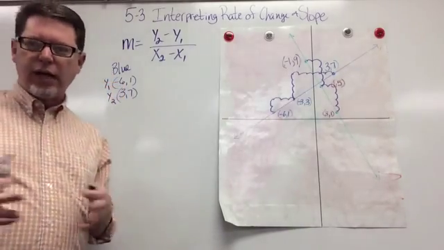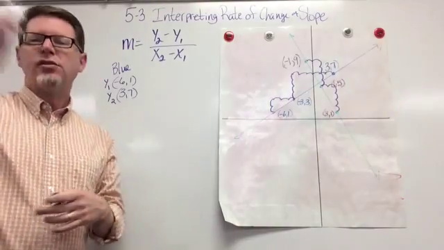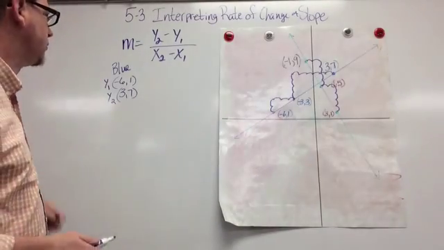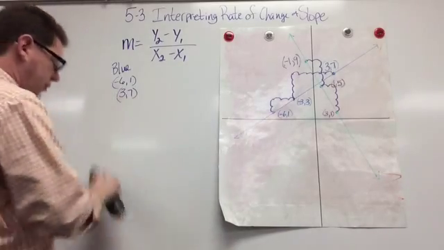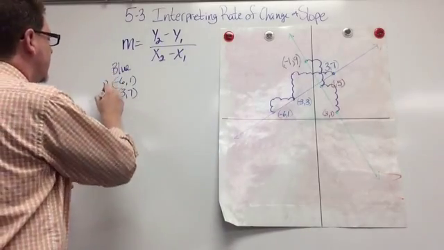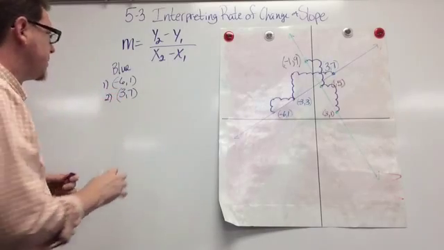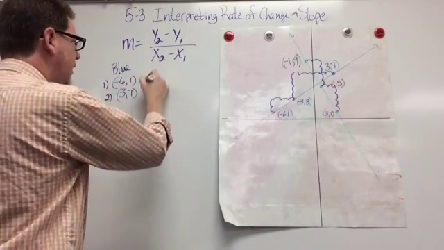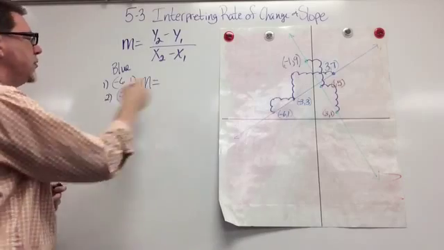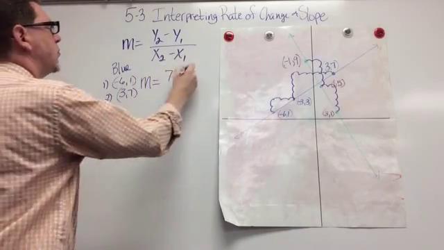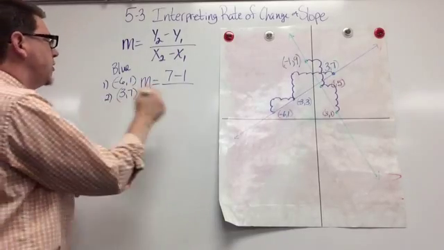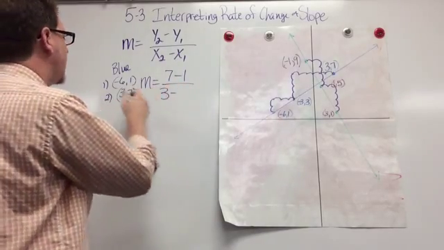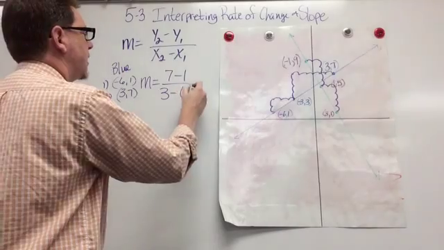I can pick, it's my life, I can choose which one's which. So m equals, y2 is going to be 7 and y1 is 1. So we've got 7 minus 1. And x2 is going to be 3, and we've got minus negative 6.